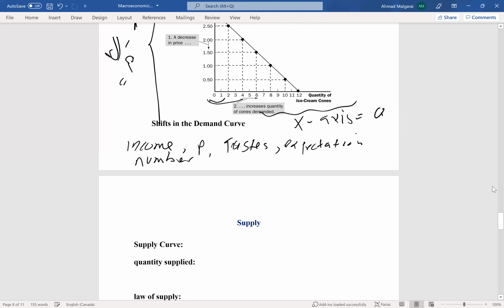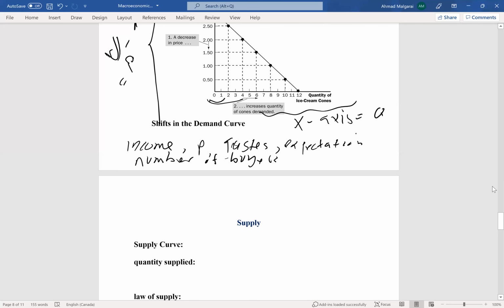These are a few. If any of these other factors changes, the demand curve will shift. An increase in demand can be represented by a shift of the demand curve to the right, and a decrease in demand can be represented by a shift of the demand curve to the left.